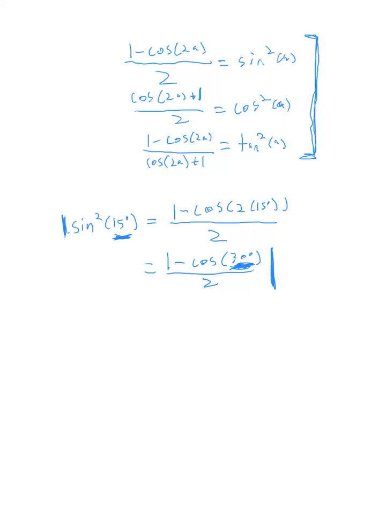Now there's maybe an issue here in that we don't have just sine of 15 degrees, we have sine squared of 15 degrees. Well, how do we deal with a square? We just take the square root of both sides.